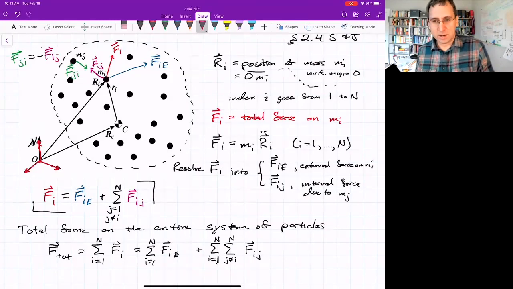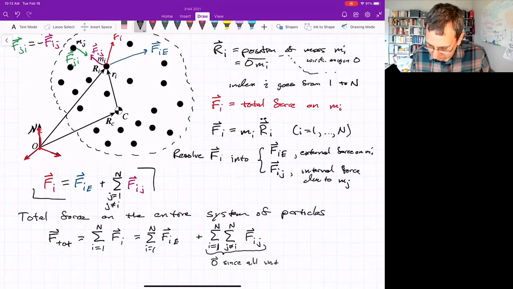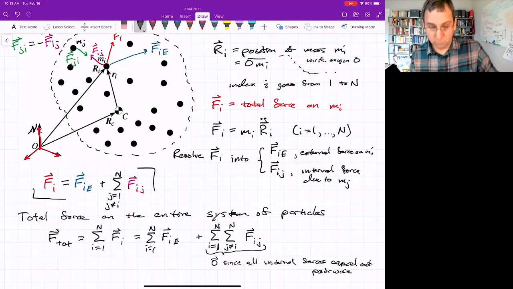So in this double sum are embedded all of these pairs. So pairwise, all the internal forces cancel out. So this double sum goes to 0 since all internal forces cancel out. And we would say specifically they cancel out in this pairwise way.